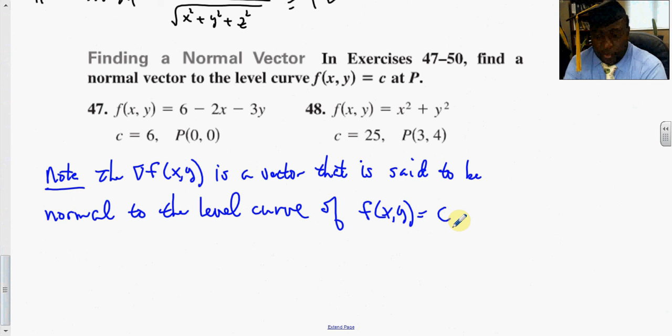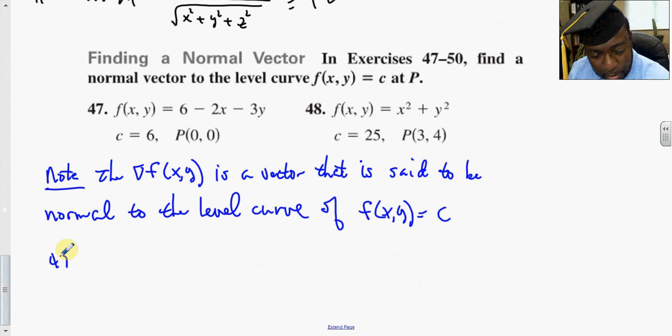The level curve here is f of x, y equal to c. It becomes a level curve because it becomes just a fixed value, since the function f of x, y is assigned to a number c. Well, look how powerful the gradient is, because the gradient doesn't even take into consideration c.